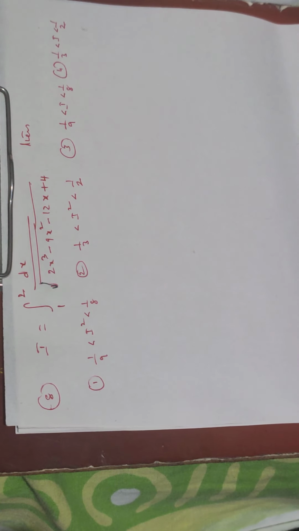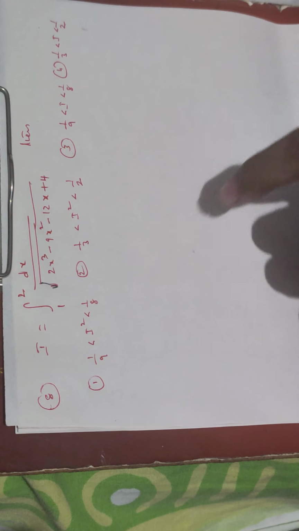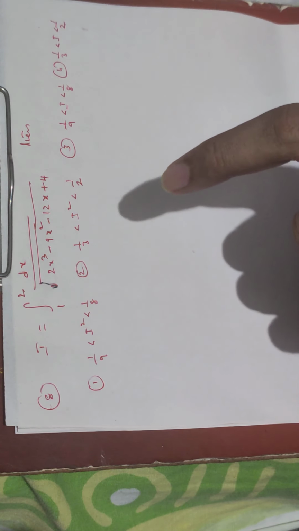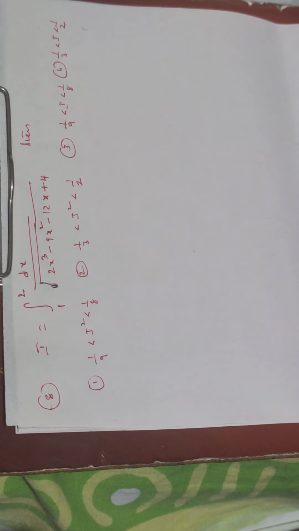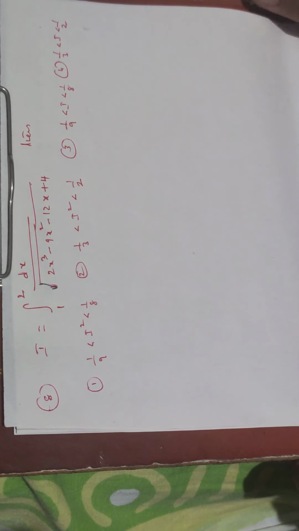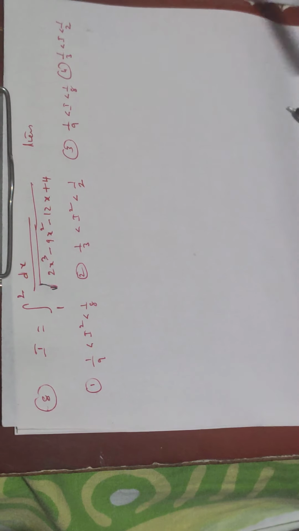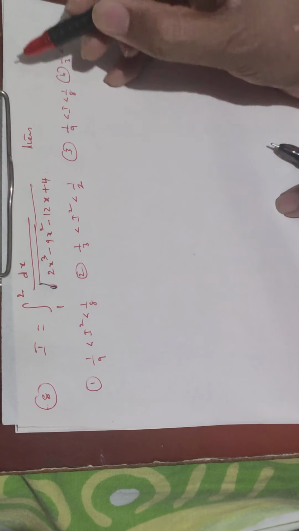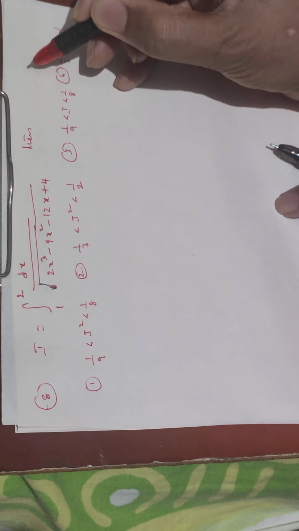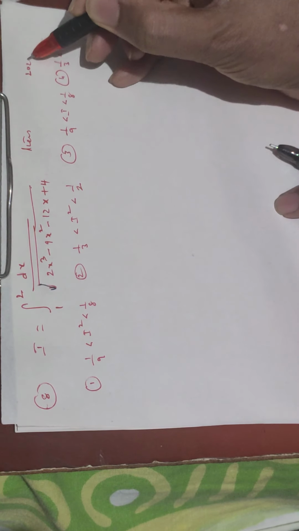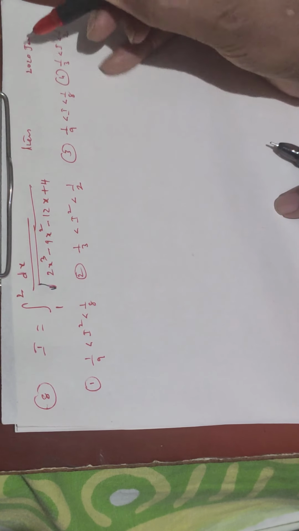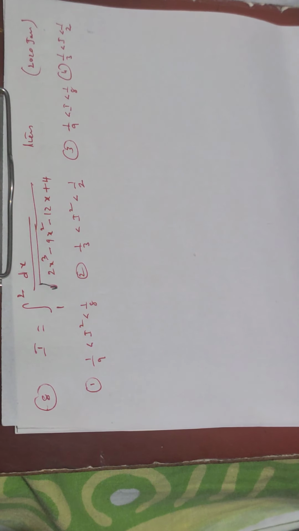So how to evaluate such types of problems? In this case, you have to identify the maximum and minimum value of the integrand. Here, what is the given integral? Actually, this is a previous competitive problem, given in JEE Mains January 2020.